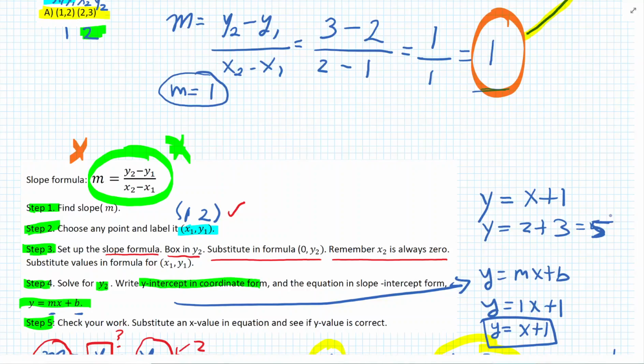Well, that tells me I've made a mistake. Where did I do it? I'm not sure right now. Must have had a sign error. It's unclear at this point. Maybe we got talking about too many other things and we just made a mistake.